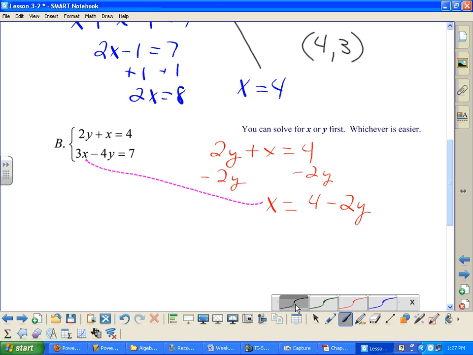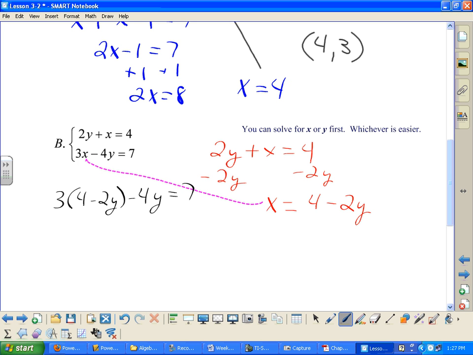Well, if I put it back in here, I wouldn't get anything. I have to use the other equation then. Okay? Once you solve one equation, then we have to put it in the other one. So we have 3 times (4 minus 2y) minus 4y equals 7.